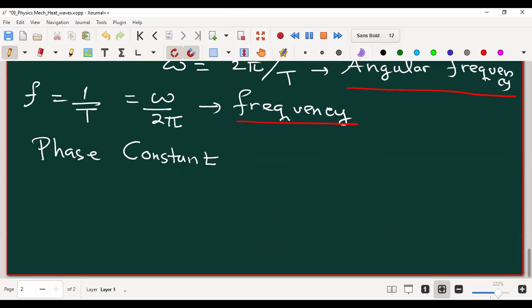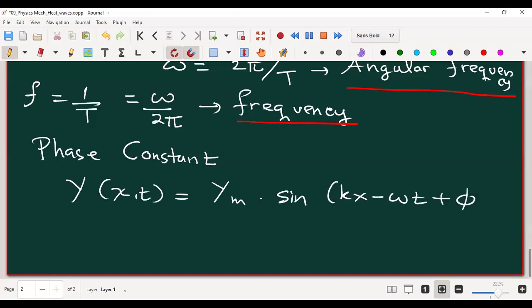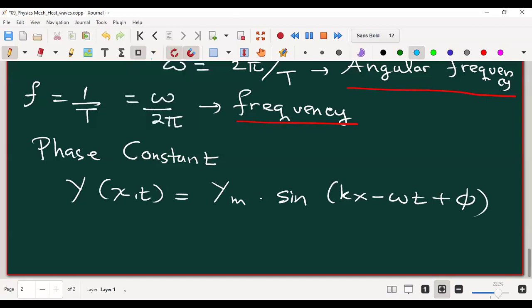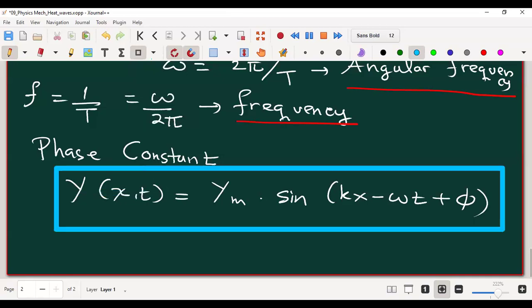So the complete equation of motion for wave y(x,t), in one dimension, is equal to amplitude ym sin(kx minus ωt plus φ), where φ is the phase constant. This one is the complete equation of motion for wave.